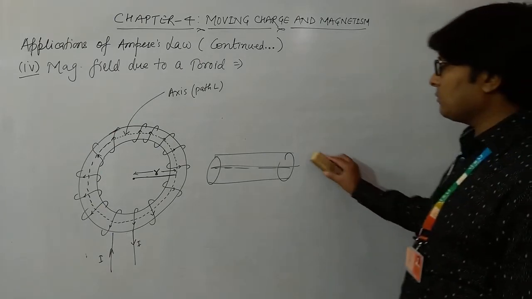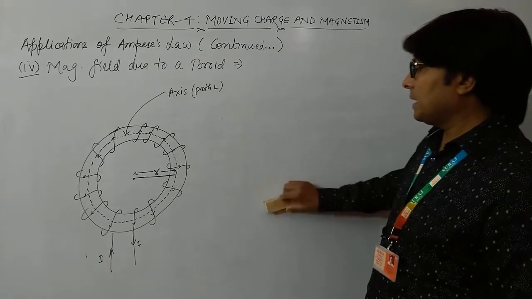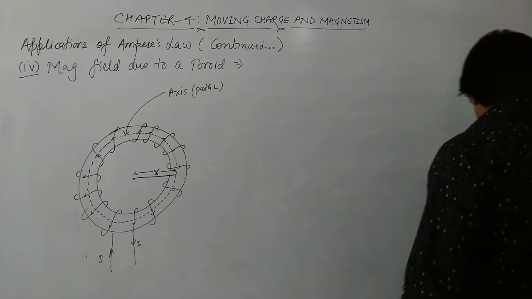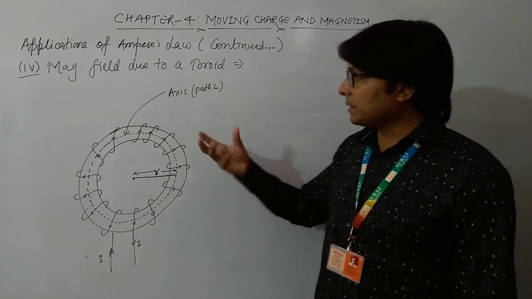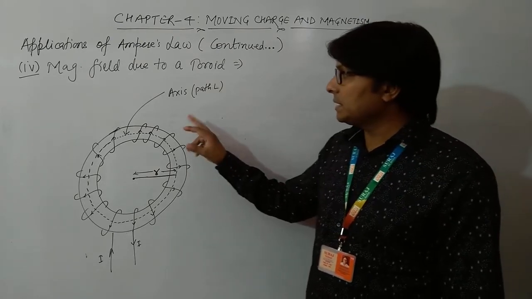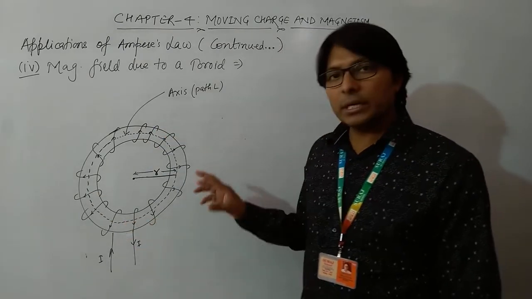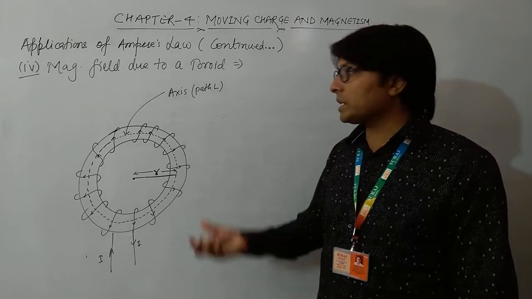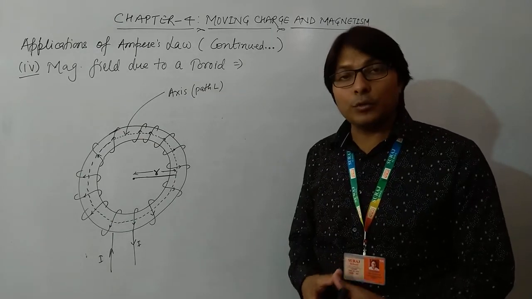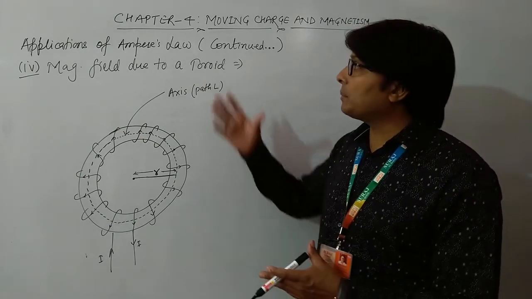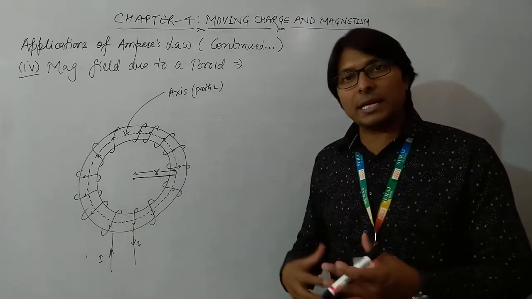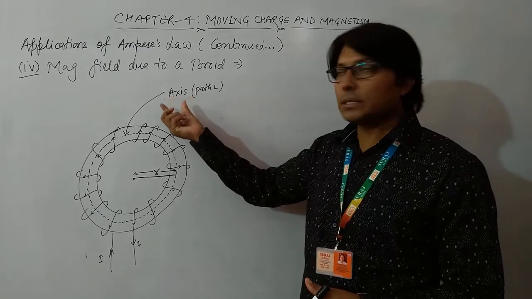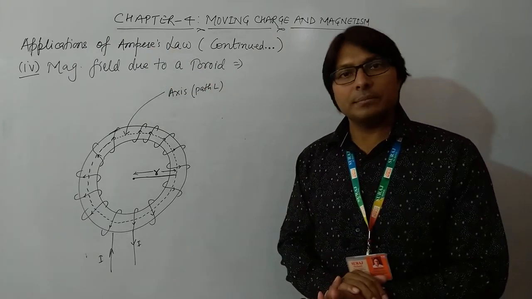So we want to derive the formula of magnetic field at the axis of the toroid. And here you can see that this axis is what we are going to take as the path L, which is necessary for applying Ampere's law. So this axis will also work as our closed path or Ampere path.